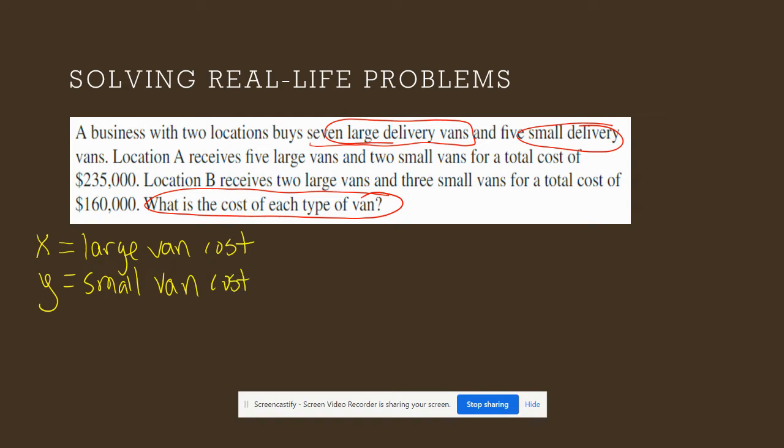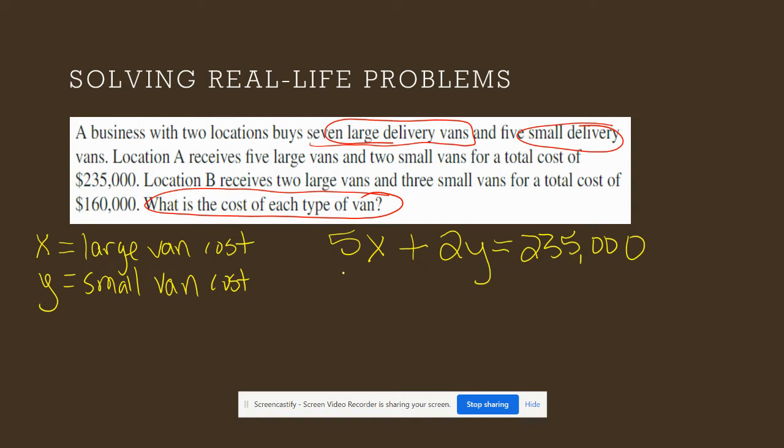We have location A. Location A receives 5 large vans and 2 small vans for $235,000.